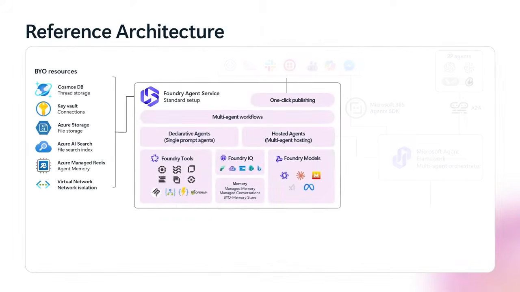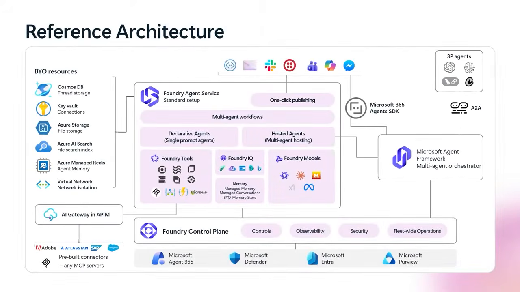Now, you might have seen an architecture like this at various conferences or other presentations as well, which shows you how a reference architecture of setting up Foundry should look. You can see some of the bring your own resources that you can connect into Foundry, the AI APIM that acts as your AI gateway, the Foundry agent service, coupled with the Foundry control plane, and then the Foundry agent framework as well.